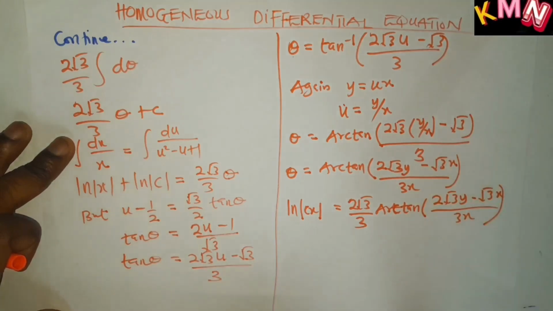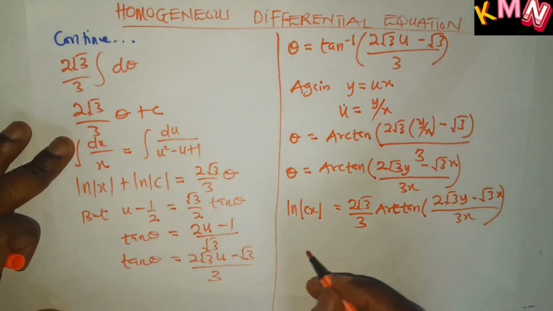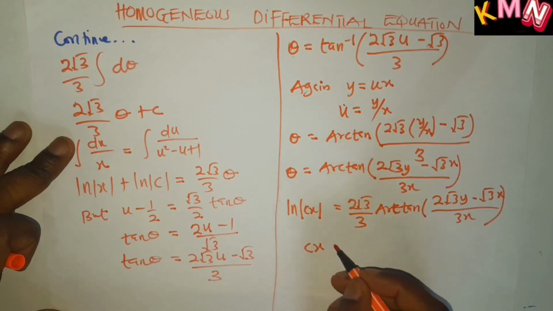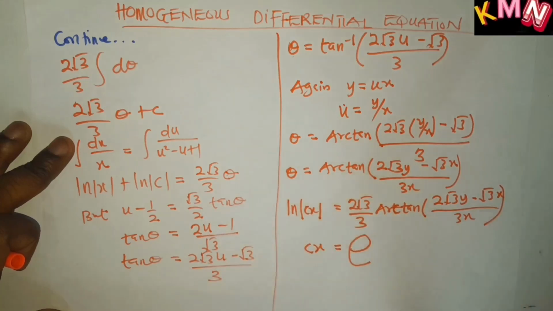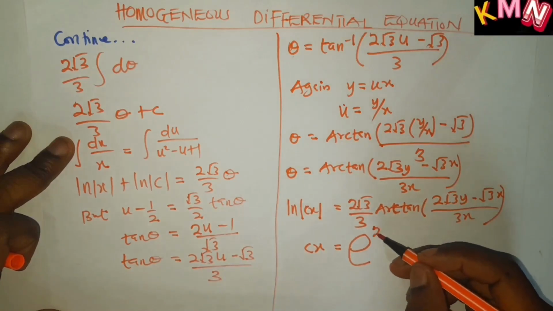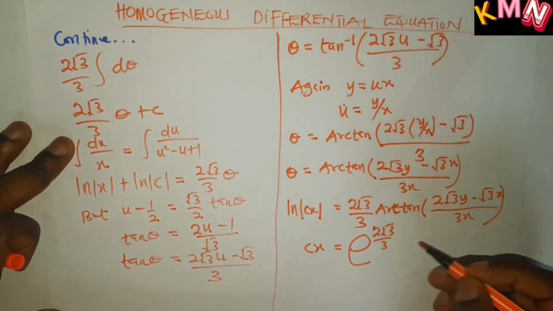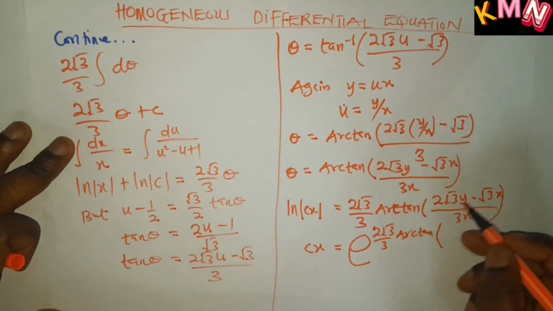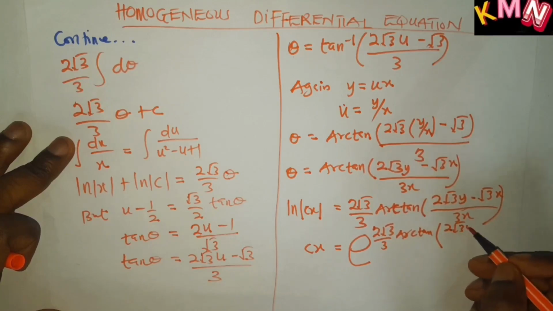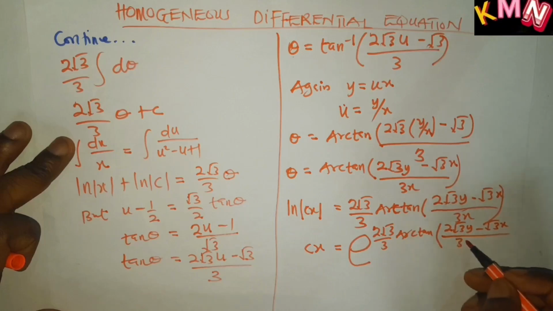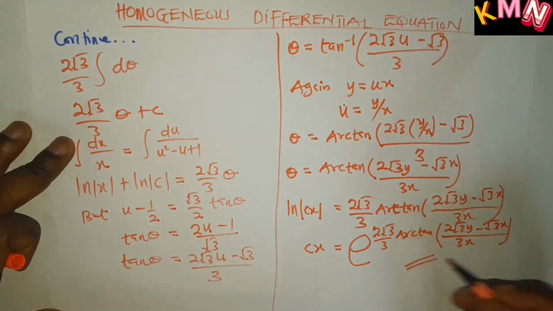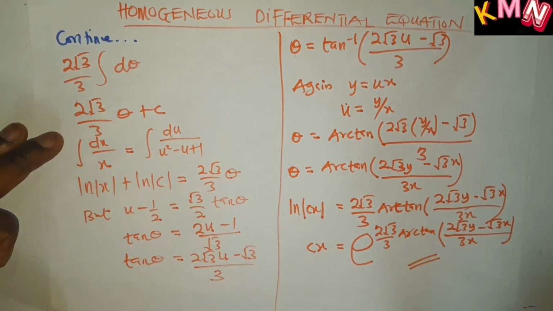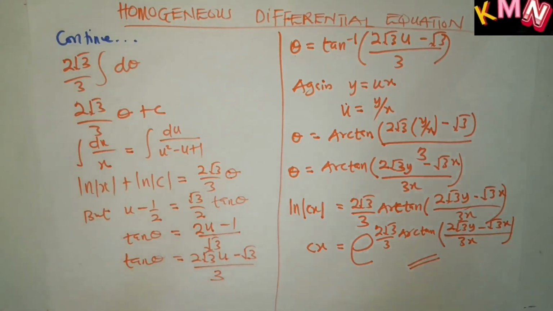And we can even go further to say that cx is equal to e power 2 root 3 on 3 arctan of the whole of this, (2 root 3 y minus root 3 x) on 3x. And that is our solution. It seems very complicated though, but with constant practice, you'll be able to adapt.